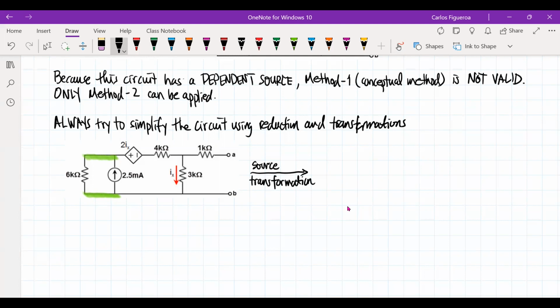So then I'm going to have a voltage source. This is my Thévenin voltage. And then you're going to see that I have my dependent source, which is pointed in the opposite direction. And then I have one resistor, which is then going to be 4 plus 6.